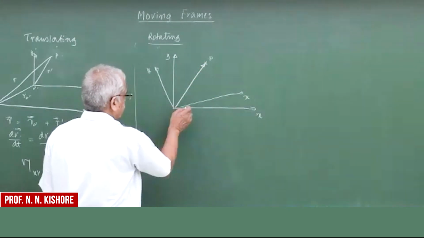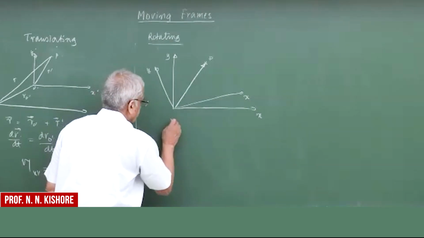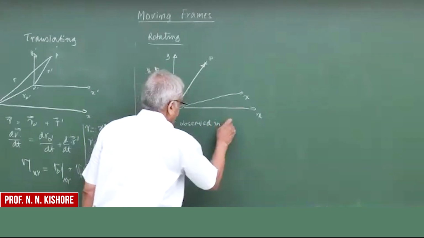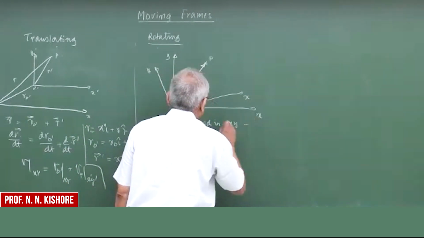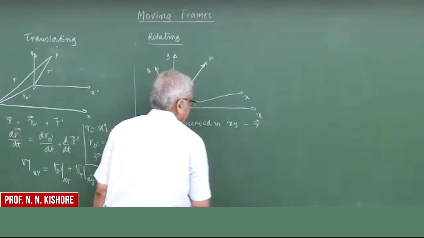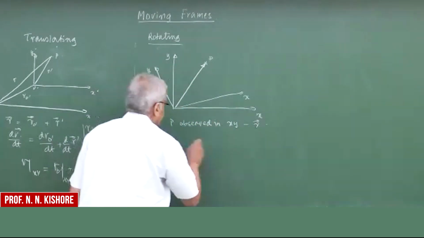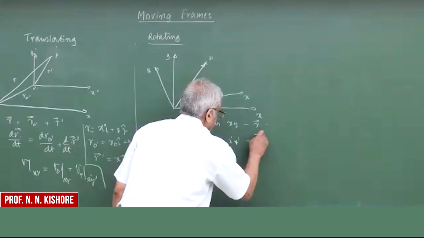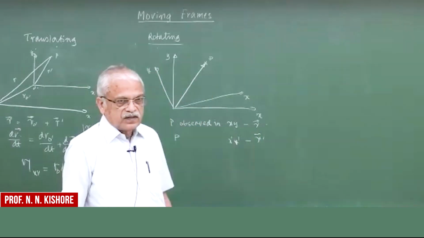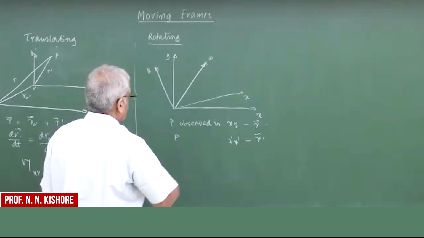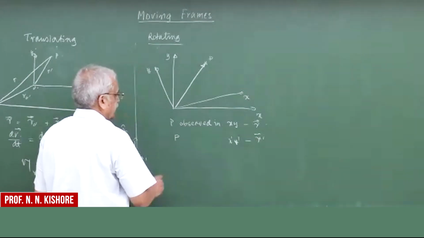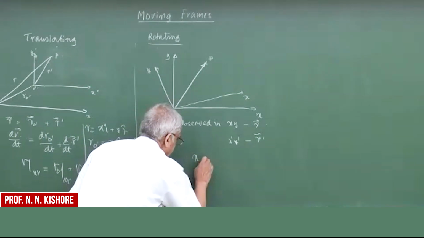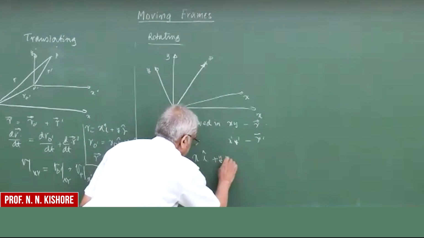This P is observed in XY, which is a fixed frame, so you call it R. And P is also observed in the primed frame, which again you may call R prime or R itself. So what we are saying here, interestingly, is something we have to appreciate.